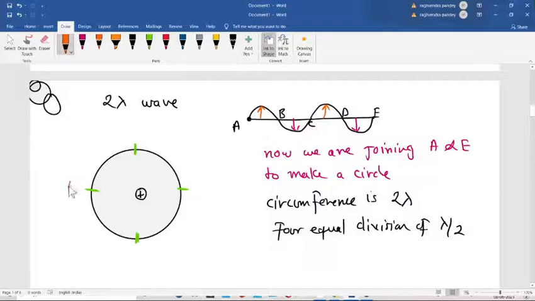So this is point A, and I'm joining point A and E. So here the point E will lie at this juncture, because I have joined them. It is a straight line, and I made a circle of it. If you have any doubt here, you can ask.